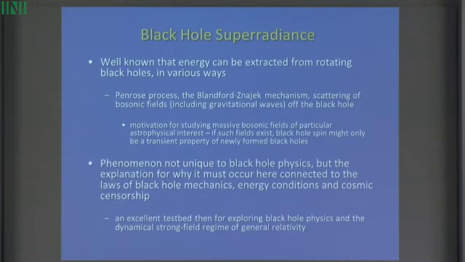So black hole superradiance might sound exotic if you haven't heard of it before, but it's a phenomenon that's not unique to black holes. Perhaps the simplest analog example you can think of is just a spinning wheel. So you take a bicycle wheel, you spin it very rapidly, and now you throw a pebble onto the rim of the wheel.